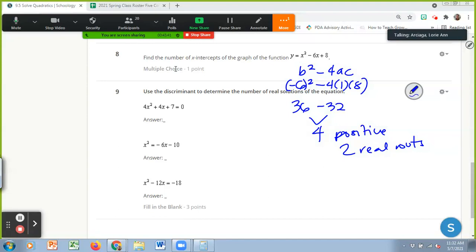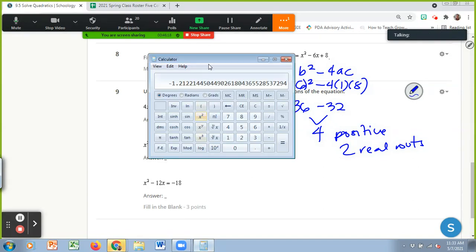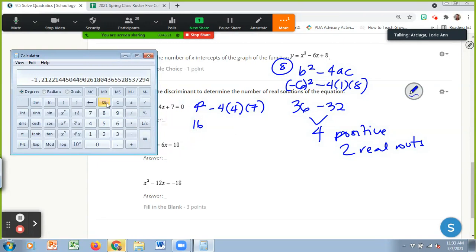Okay, now for number 9, so this is number 8. For number 9, we're going to do the same thing. For the first one, we'll do b squared minus 4ac. So 4 squared minus 4 times the a, which is also 4, times the 7. So 4 squared is 16. What's 16 times 7? 4 times 4 is 16.